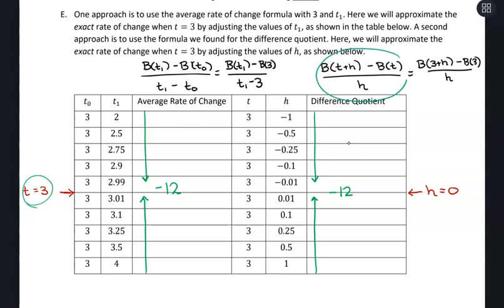So this is the format that we're moving to with thinking of these. With setting up our function in Desmos, if you know your value for t, you can plug that in both spots, and then you just have to have your inputs changing for the values of h. We're plugging in h as our x values.